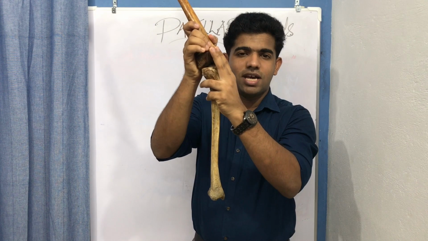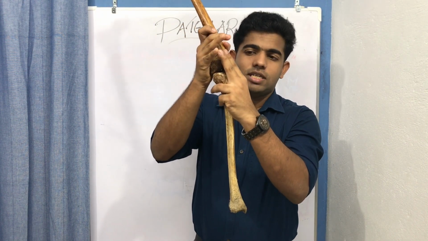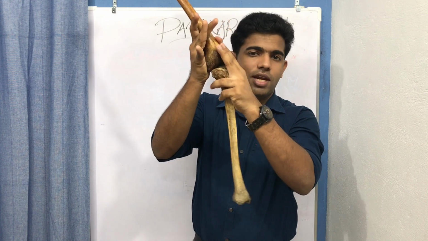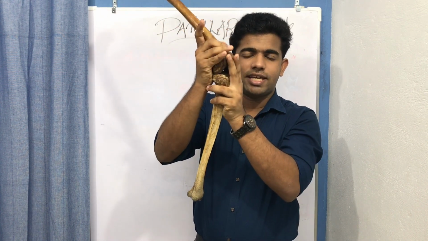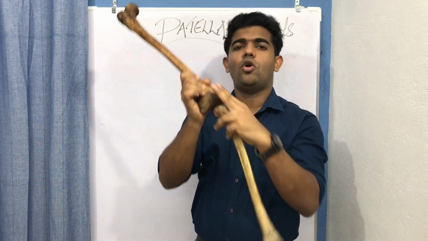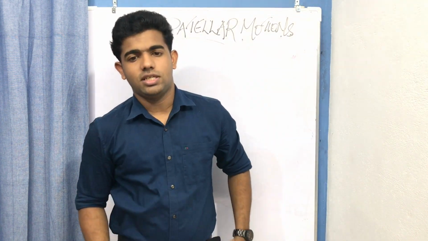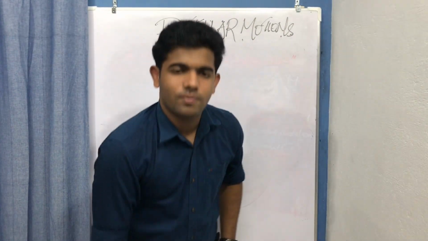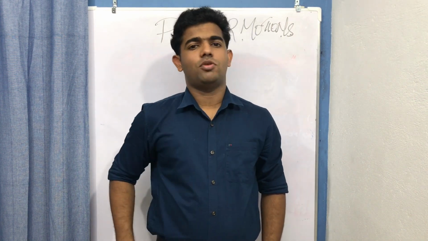In flexion, tibia is going for an initial medial rotation. The patella will follow it. When tibia is at extension, tibia is going for lateral rotation. The patella will follow it because patella is attached to the tibial tuberosity, right? Those are the rotatory motions of patella.